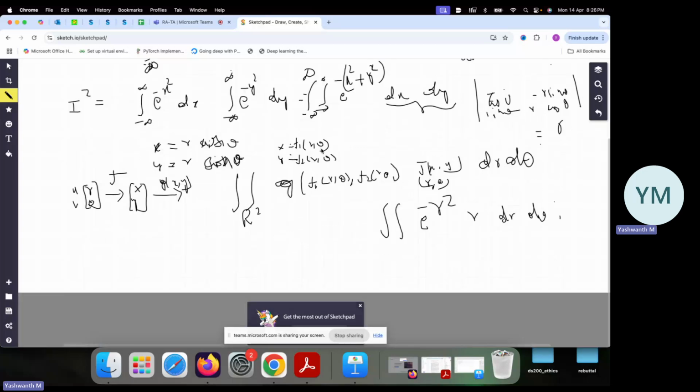So now the radius r varies from 0 to infinity, and theta goes from 0 to 2 pi.